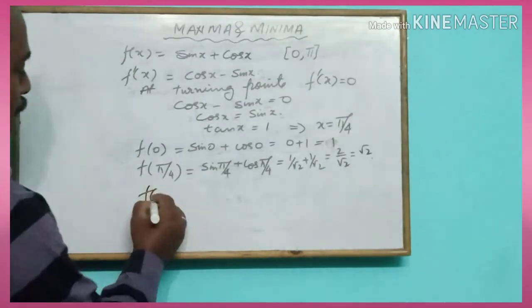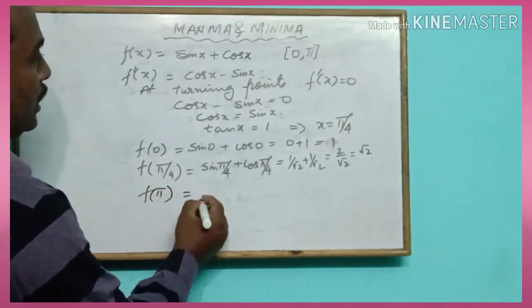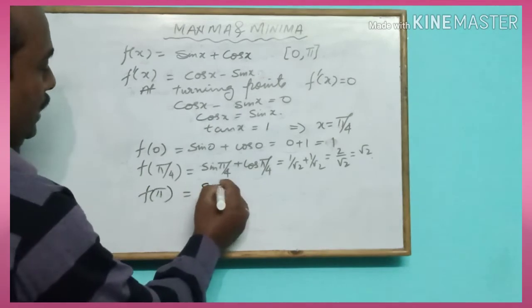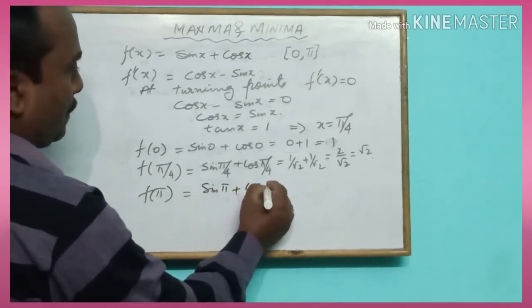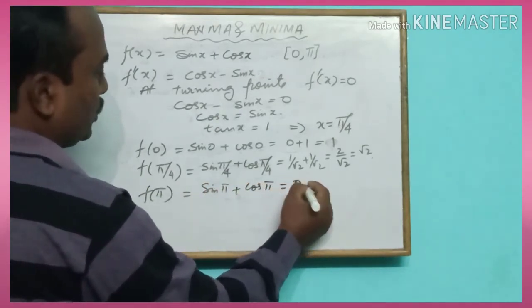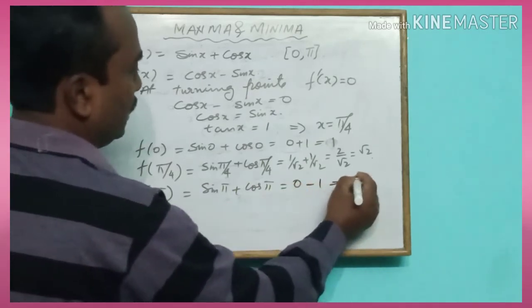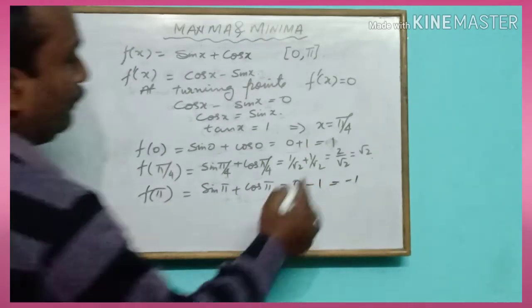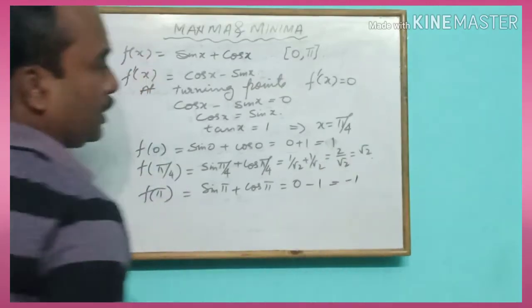And f of pi is sin pi plus cos pi, that is 0, sin pi is 0 and cos pi is minus 1, that is minus 1. So we get 3 values: 1, root 2 and minus 1.